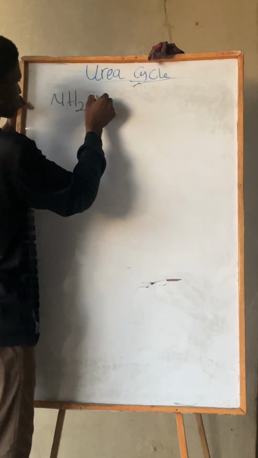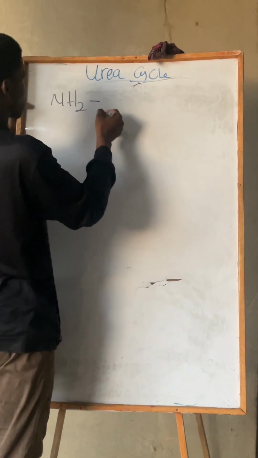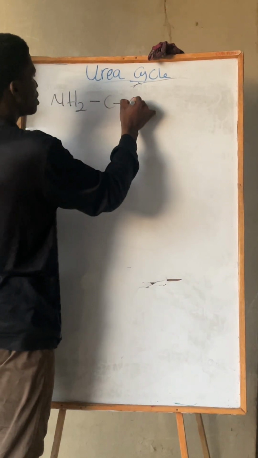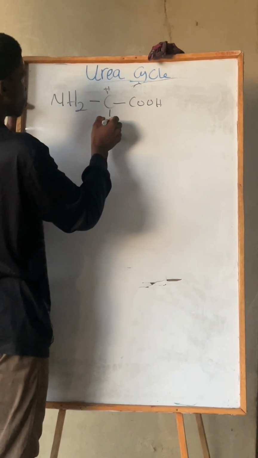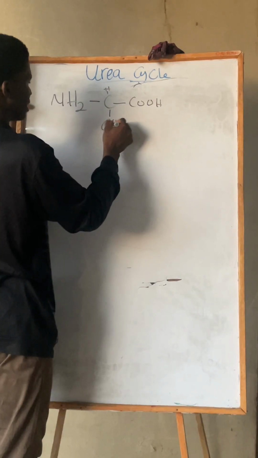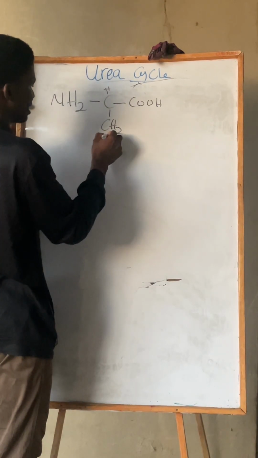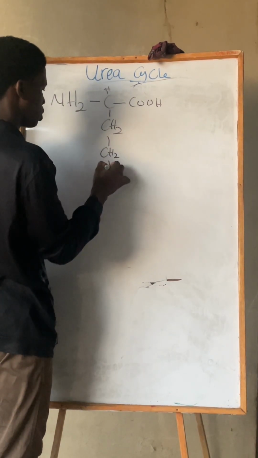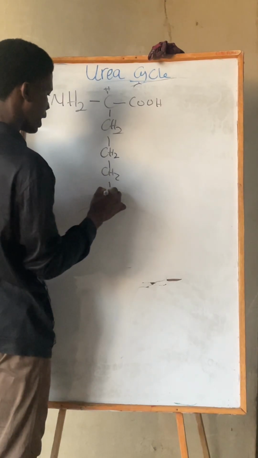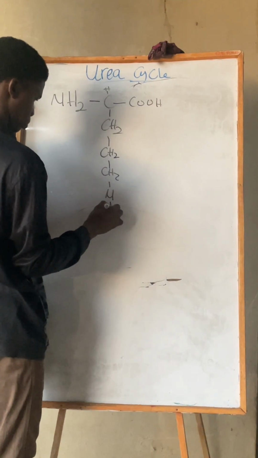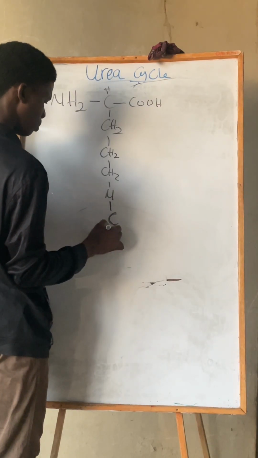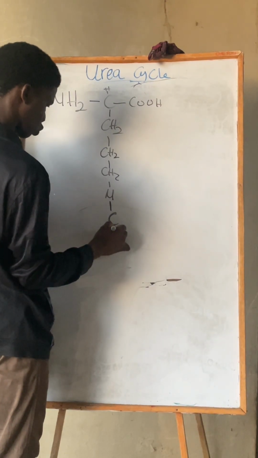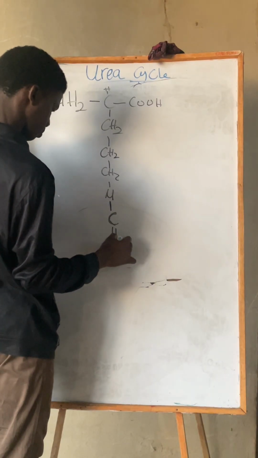So you want to draw the adenosine. So adenine and succinate. NH2, C, COOH. Hydrogen is here. This one is your alanine. So we've completed the structure of our alanine. Cool. CH2, CH2N. So we have carbon. We also have NH here.